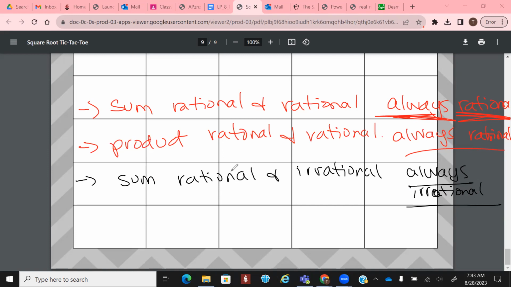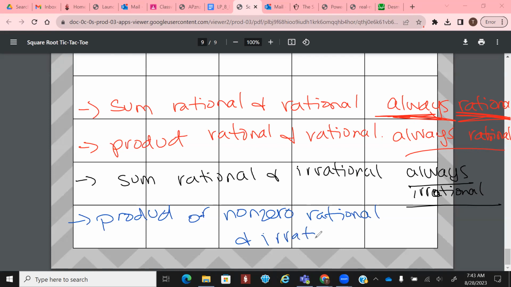And the last one, the product of a non-zero rational and irrational is always going to be irrational.